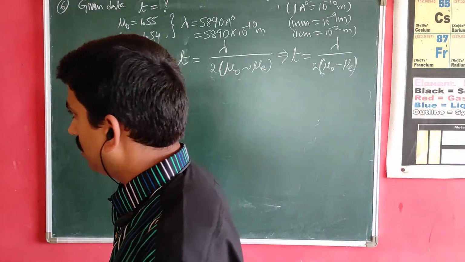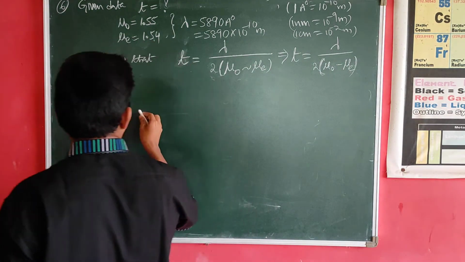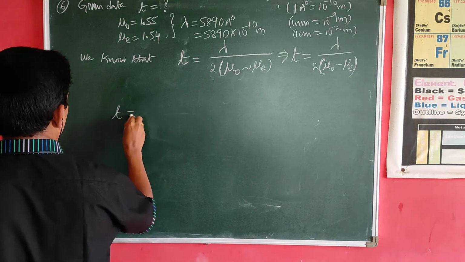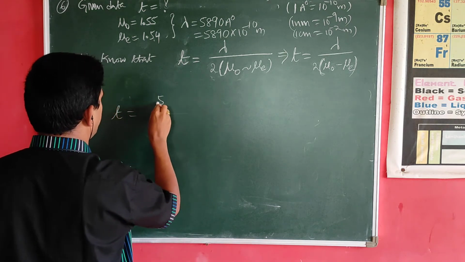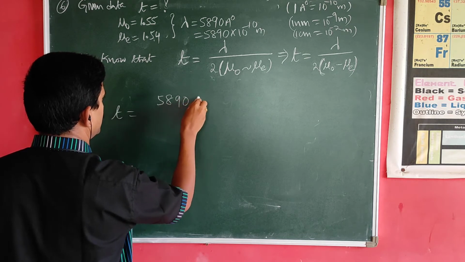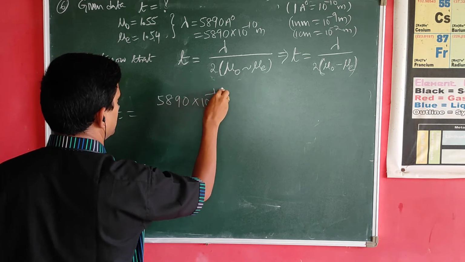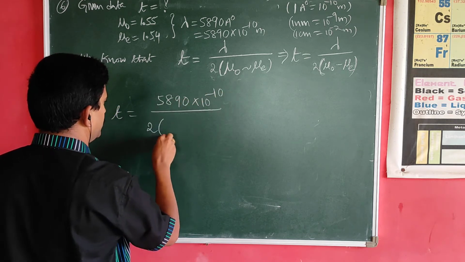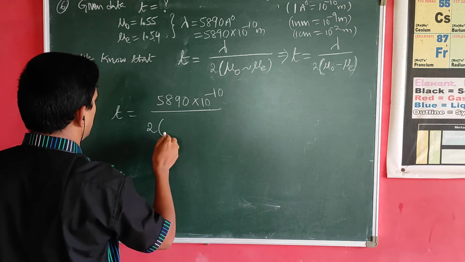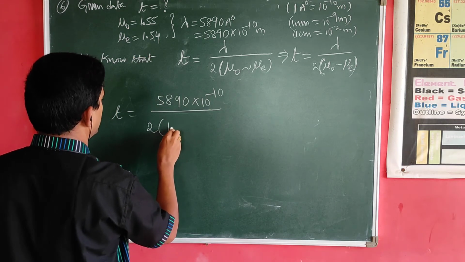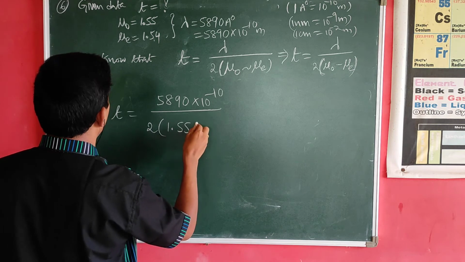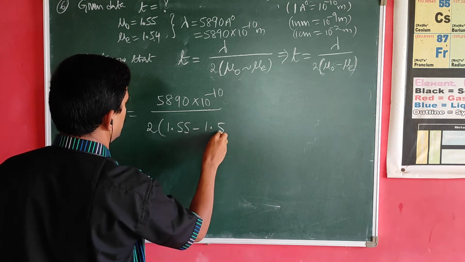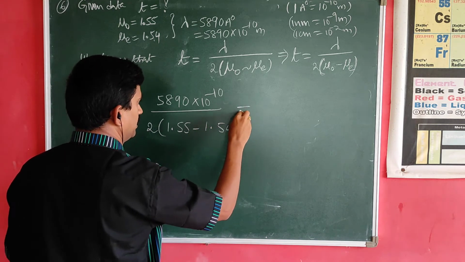Thickness T is equal to 5890 into 10 power minus 10 divided by 2 into 1.55 minus 1.54.